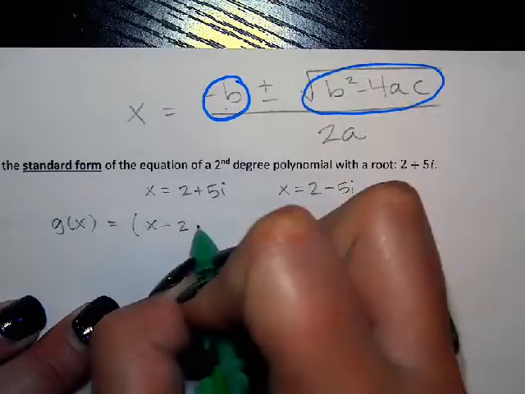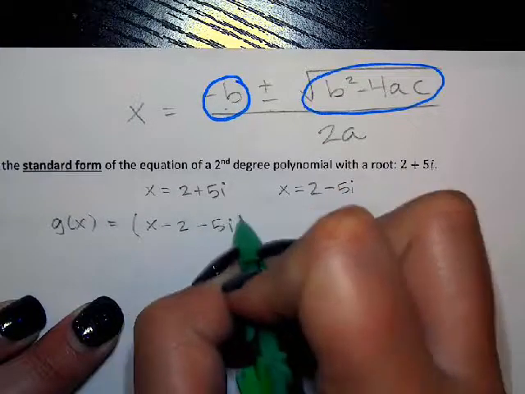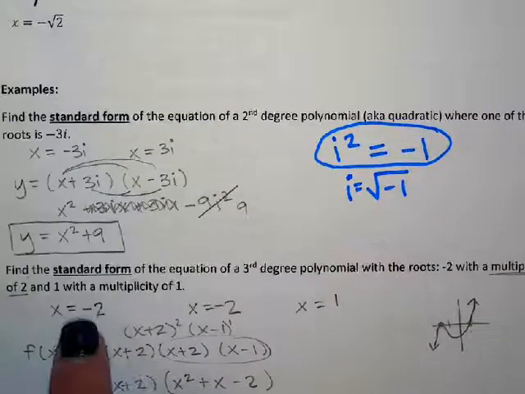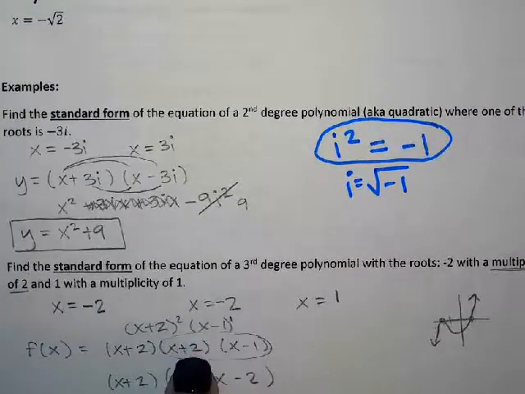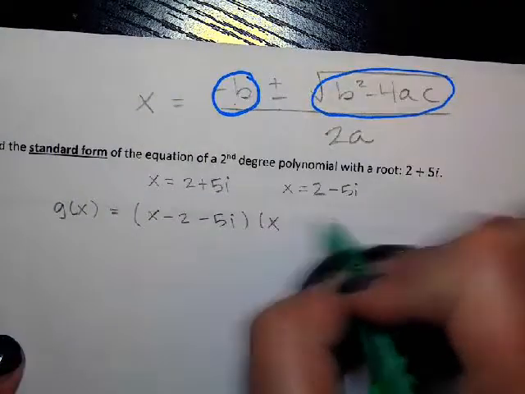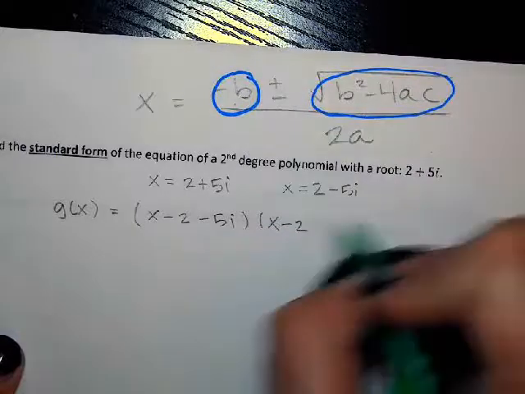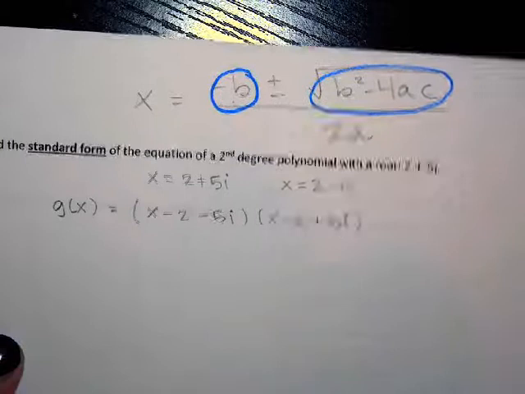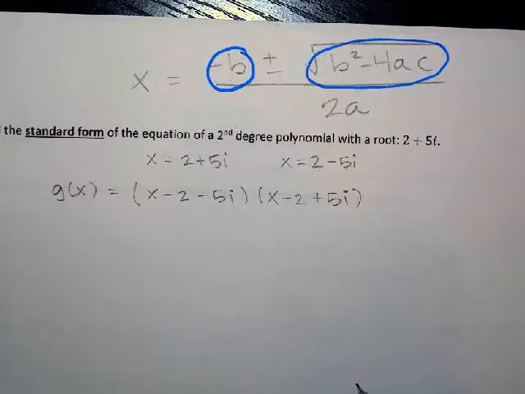We always put the x in there. The next one, we're going to say x minus 2 plus 5i. You can't do plus 2. It's minus 2. So change the sign, change the sign.